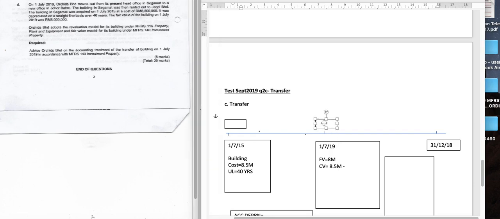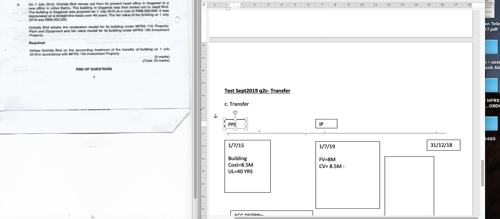So here is IP. Previously it was office. Now on 1st July, the company moved and then they rent out to Jakil. So the building in Segamat was acquired on 1st July 15. Since you acquired on this date, it was PPE until on 1st July 19 it was transferred to IP.